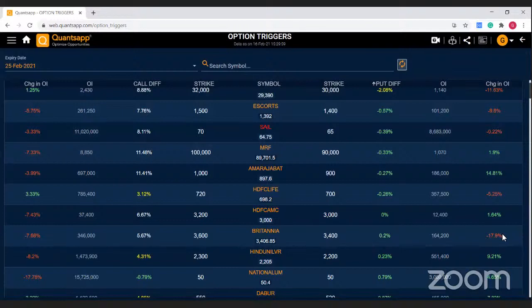It's not advisory. So keep this disclaimer in mind. And we are doing the analysis of how we can use these tools in a more effective and practical way for day-to-day usage. So Britannia is trading almost near the highest put, and I can see the put writers are feeling very nervous at this particular point.